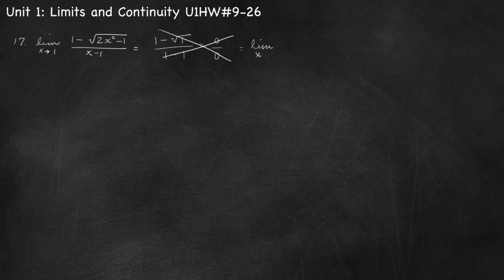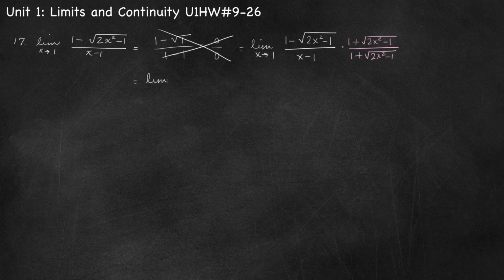So we want the limit as x approaches 1, and we are going to multiply top and bottom by the conjugate of the numerator. So we'll multiply by 1 plus the square root of 2x squared minus 1 over 1 plus the square root of 2x squared minus 1.